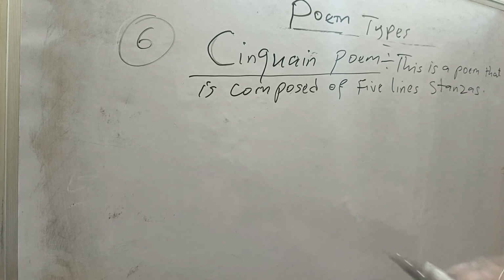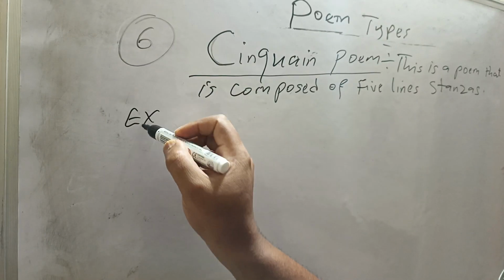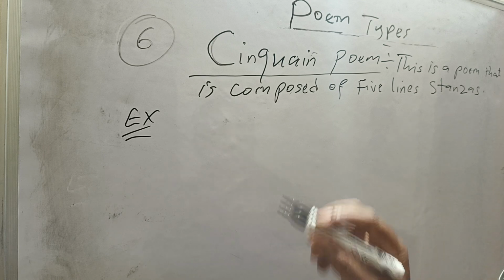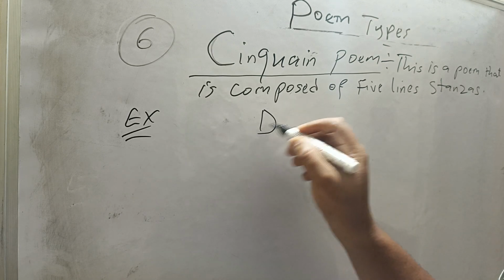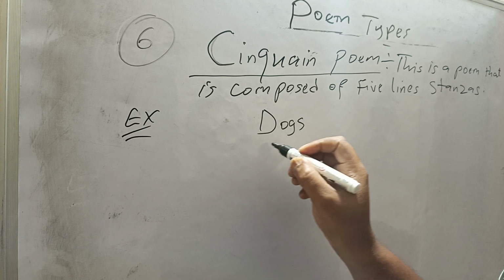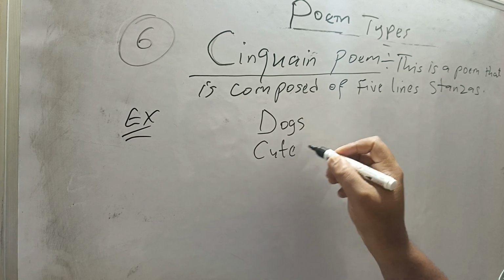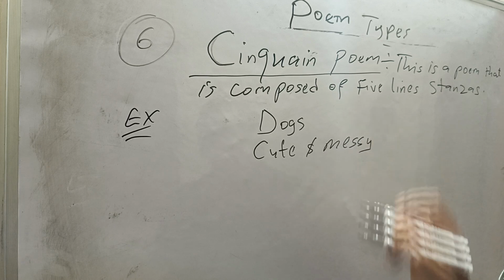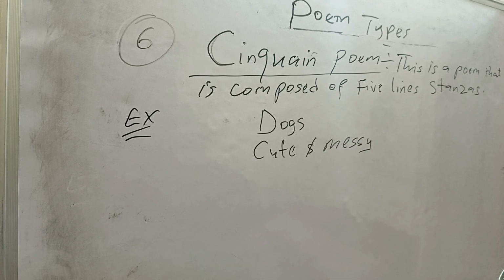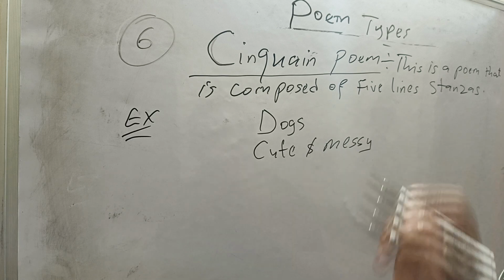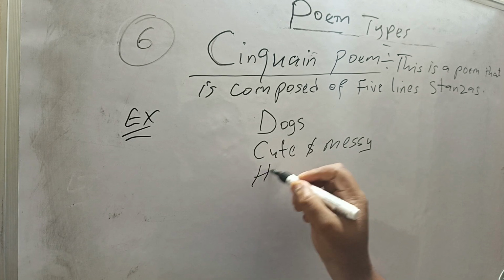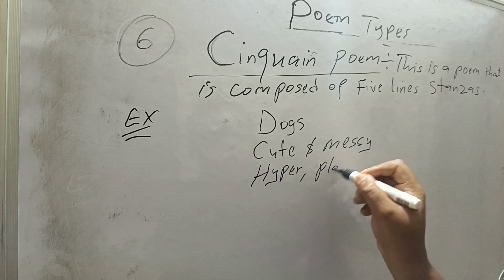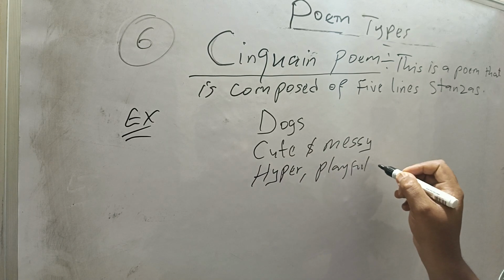So let's take a look at the example. We have to use dogs, cute, and so dogs, they are cute and messy. So hyper playful and what? Jumpy.